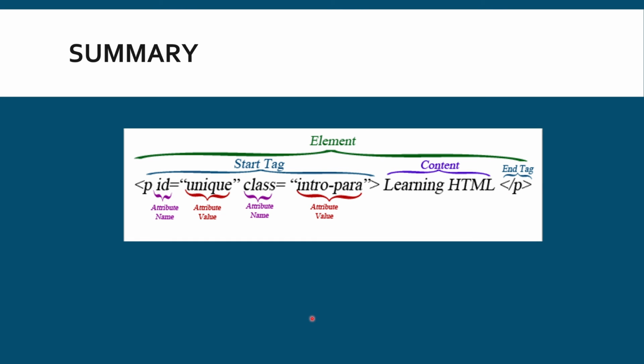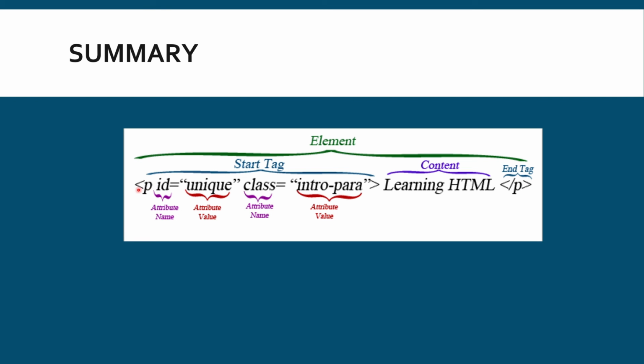All right. And in summary, here's a quick picture of what we have learned in this simple and important concept in HTML. So again, here we have a left angle bracket.